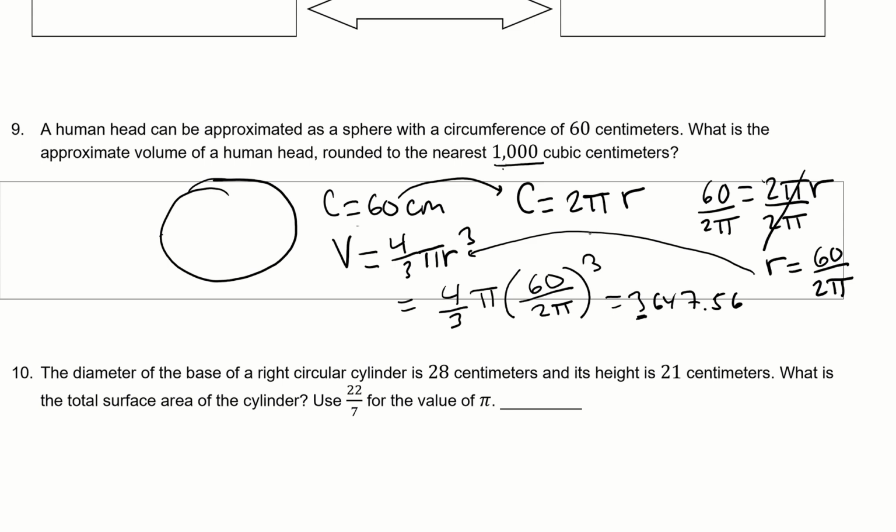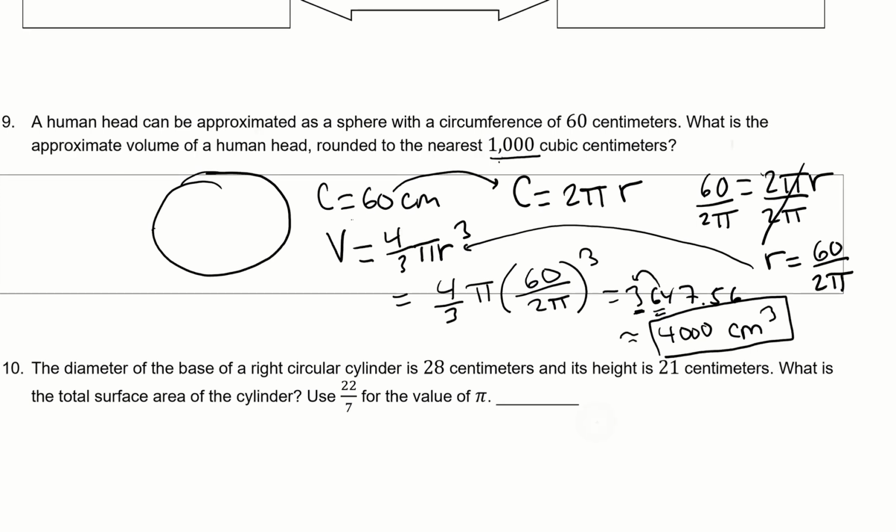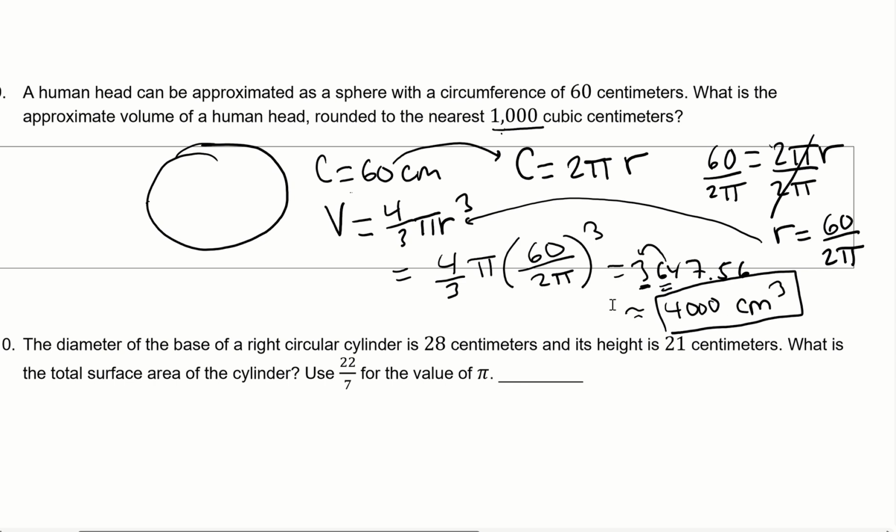We notice that this number right here is 5 or bigger, so that means we're going to bump this number up. So we're going to round this to about 4,000, so 4,000 centimeters cubed. Make sure you know how to round things like that. So you're not going to put the answer as this. You're going to put the answer as 4,000.